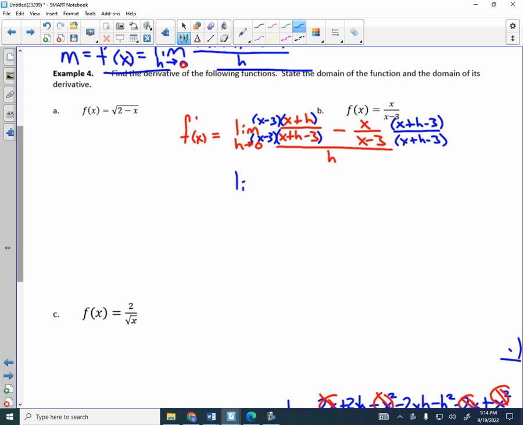Okay, so the limit as h goes to 0 of, what do you have in the top there? X squared plus xh minus 3x minus 3h minus x squared minus xh.